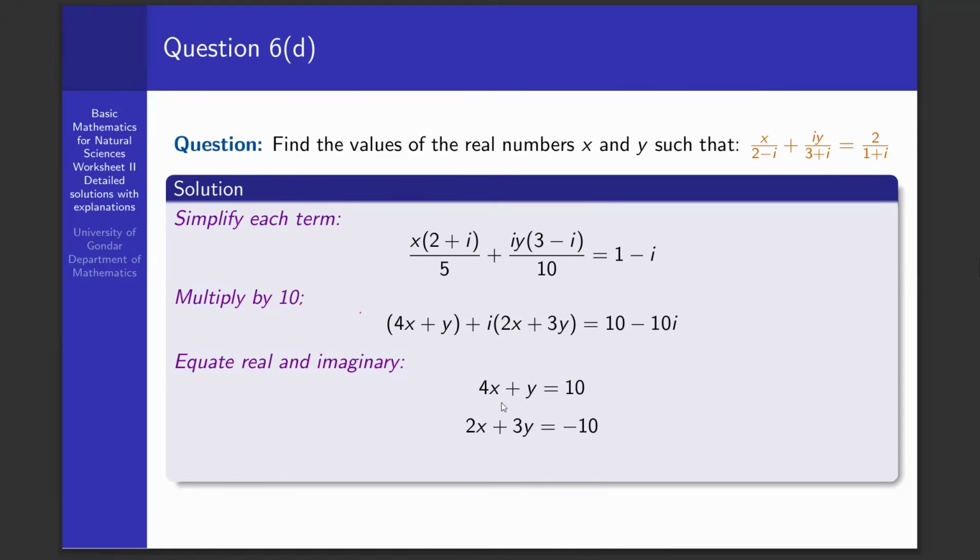Therefore, solving this system of linear equations, we have the solution x equal to 4 and y equal to minus 6. That means when x is 4 and y is minus 6, this equation becomes satisfied. So the exact values of x and y satisfying this condition are 4 and minus 6 respectively.